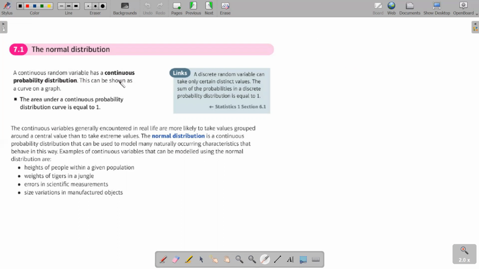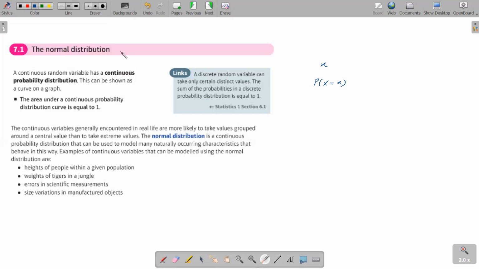But now in continuous distribution, the probability distribution is not just a table, because it's not possible to write every single x value and its corresponding probability. You know that x values come in a range, and in a range there are infinite amounts of numbers. So let's say you are modeling the weight.